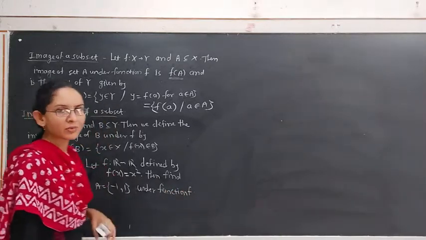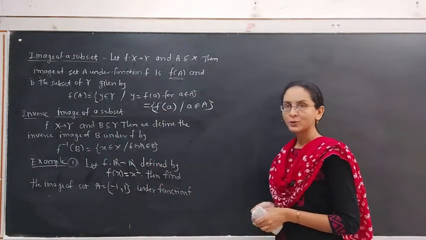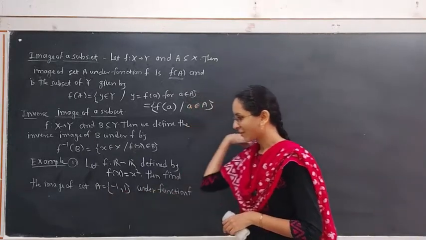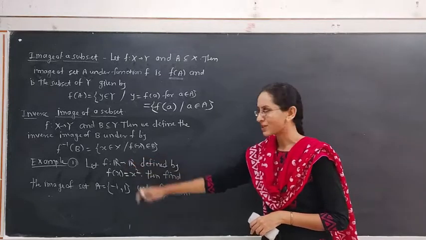F is a function from the set of real numbers to real numbers given by f of x equals x squared. We want to find the image of the set {-1, 1}. This is a subset of the set of real numbers.